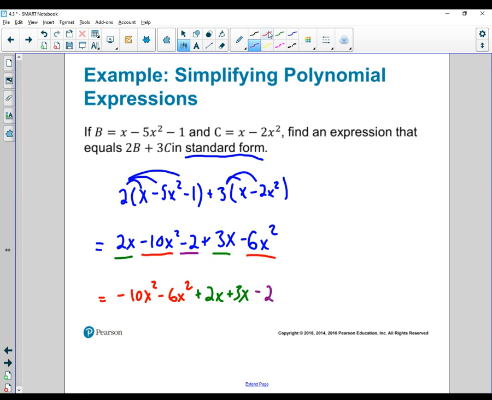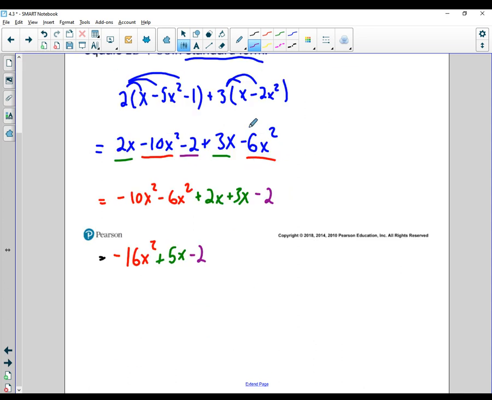And so now I can combine these all together. That's going to equal the x squareds, negative 10 minus 6 is negative 16x squared. And then 2x plus 3x, 2 plus 3 is 5x. And then that minus 2 is all by itself, so we just leave it as minus 2. And that's our answer altogether, negative 16x squared plus 5x minus 2.